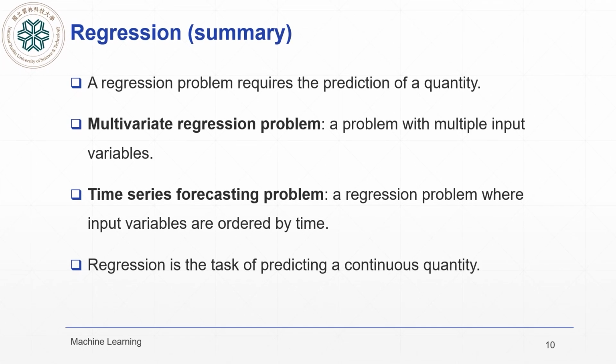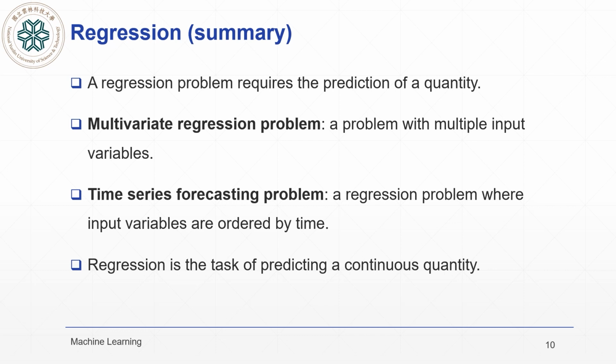If we look at the regression problem, a regression problem requires a prediction of quantity. In a multivariate regression problem, we have multiple input variables. A time series forecasting problem is a regression problem where input variables are ordered by time.